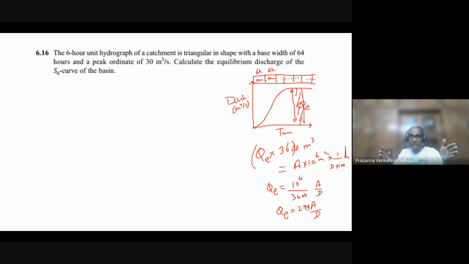The base is given as 64 hours. The peak is given as 30 meter cube per second. So I find the area of the triangle, equate it to this, and I don't know the area of the catchment. I find out A. Once I get A from there, I put it into this equation and I get the equilibrium discharge of this basin. Okay, so that's what we are going to do.